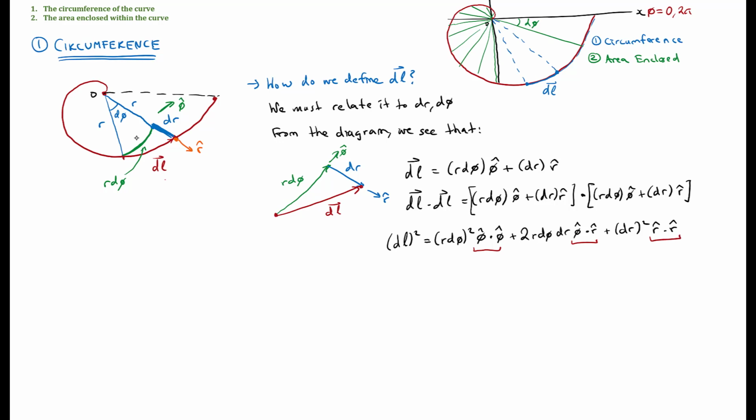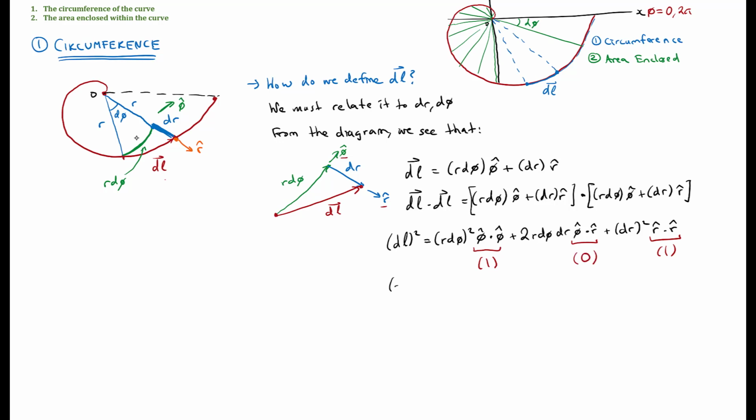Unit vectors have a length of 1, so if they're dotted with each other, it'll simply be 1 times 1 times cosine of the angle between them. So if we're dotting the same unit vector, we only care about the angle between them, which is 0. Cosine of 0 is 1, so this is simply 1. Same as this. With phi and r, they are perpendicular to each other, so 90 degrees, and the cosine of 90 degrees is 0, so this whole term simply goes to 0.